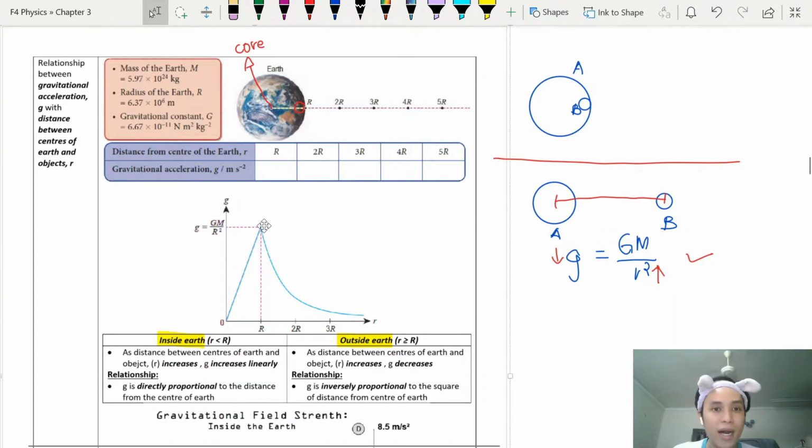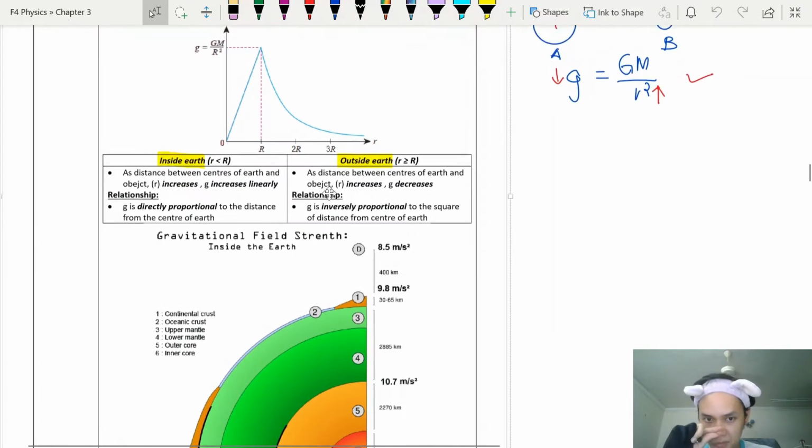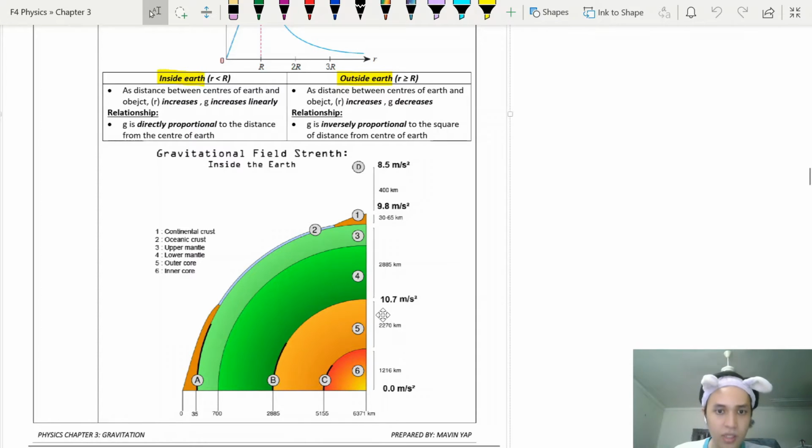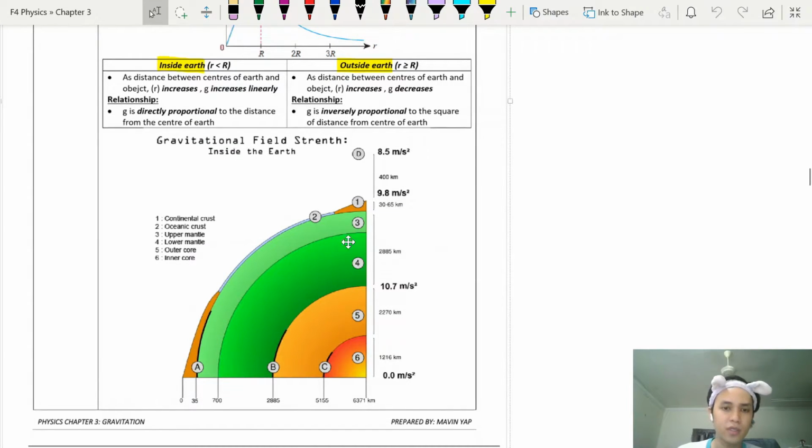Now, why does this happen? I'm going to show you the picture right here. This is the structure of your Earth. This is your core right here.